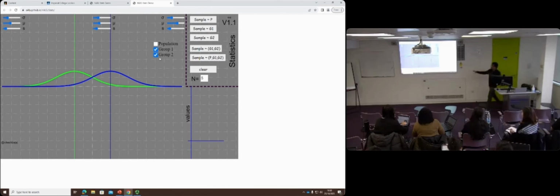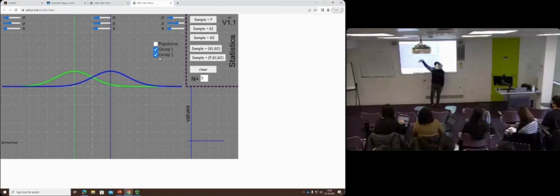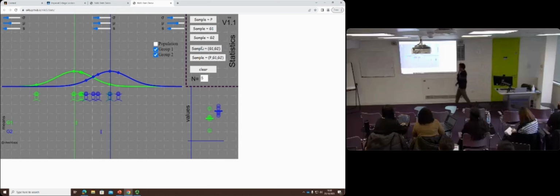So let's say that these are the two different groups, class A and class B, and the x-axis is the height, right? I take 5 samples from class A and 5 samples from class B, and their height is on this axis. The blue 5-sample height is this, and that's the mean. The green 5-sample height is this.